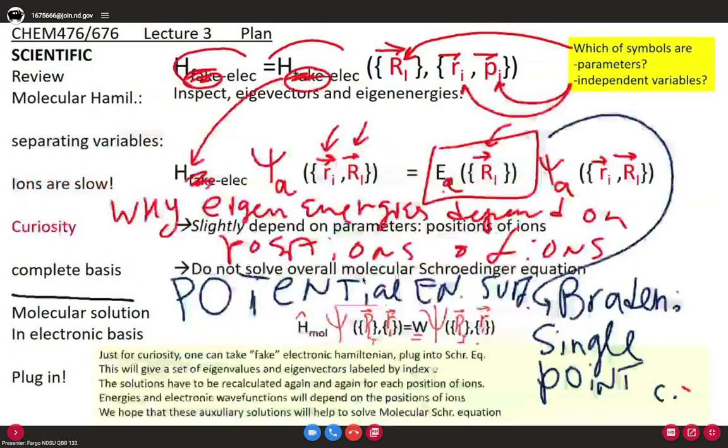Okay, so if we do want to solve the Schrodinger equation for this Hamiltonian that includes 3 terms, we will formulate the unknown wave function and unknown energy.